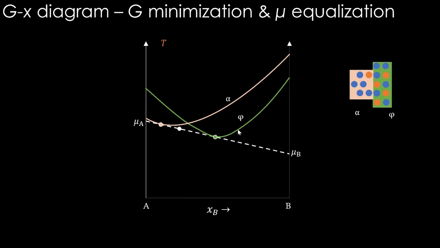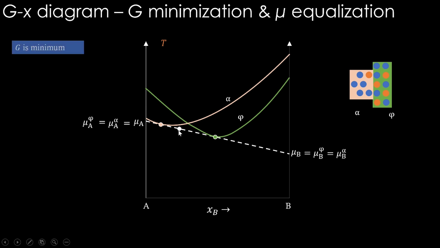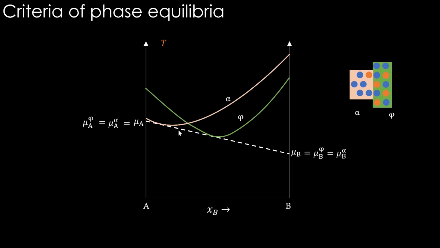In this case, we know Gibbs energy is minimum and chemical potentials are the same. Right? So this is what Gibbs energy minimization and mu equalization is. In this case, both are happening. Gibbs energy is minimum for this composition only at this two-phase equilibrium. Any single phase will not make it minimum. Okay. So in this case, G is minimum. Right?